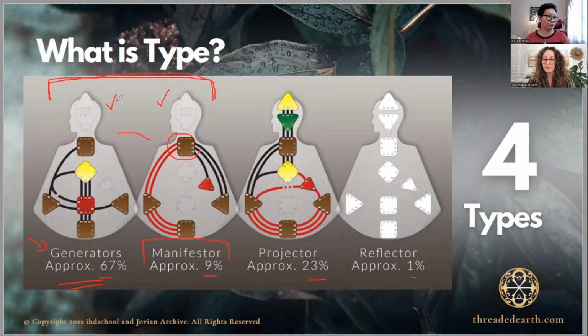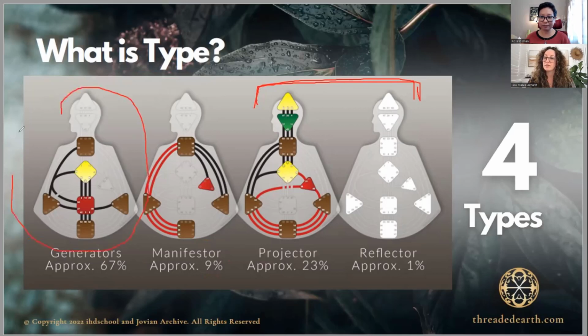So yes, we're going to go further into it. And then we have the other two types. These two are non-energy types. Non-energy types means these two are not designed to live their life the way generators live their life.